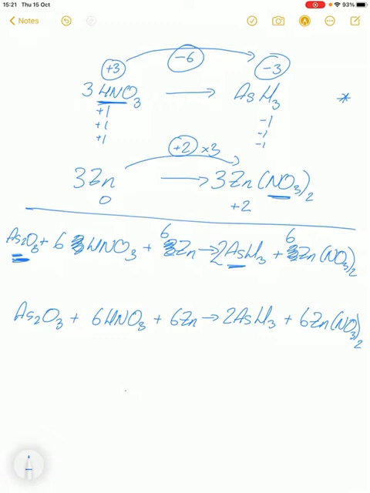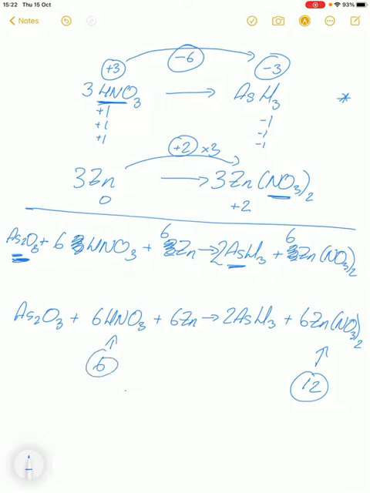If you remember, I was going to balance the nitrates with the nitric acids. So just really looking at the ends here. So over here, I've got 2 in zinc nitrate and 6 of those. So 2 6s are 12. So I've got 12 in there. And I've only got 6 in here.